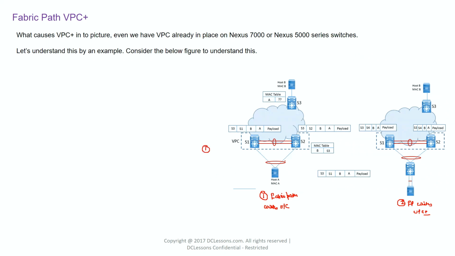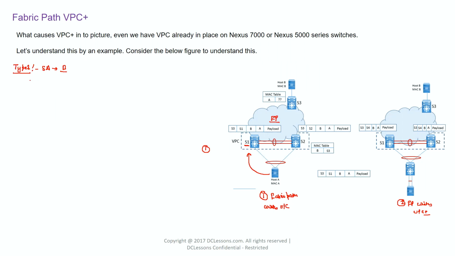Let's suppose host A wants to talk to host B, and it sends a packet, traffic type 1. Once the packet reaches switch 1, because this is FabricPath, it will encapsulate it.